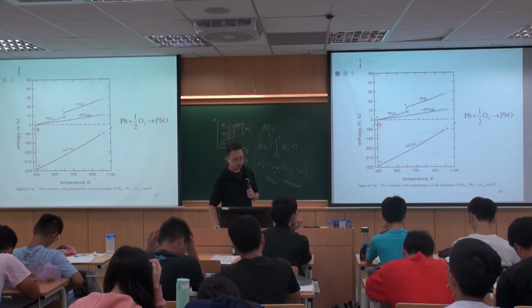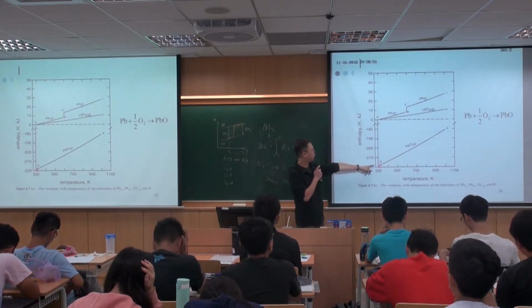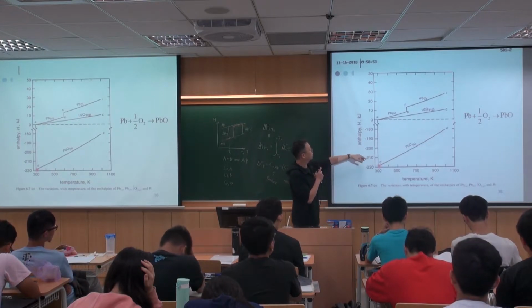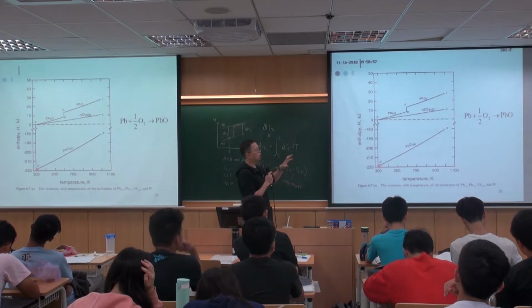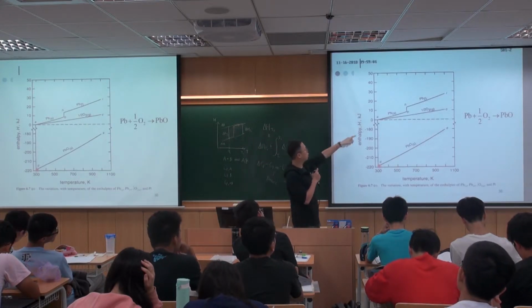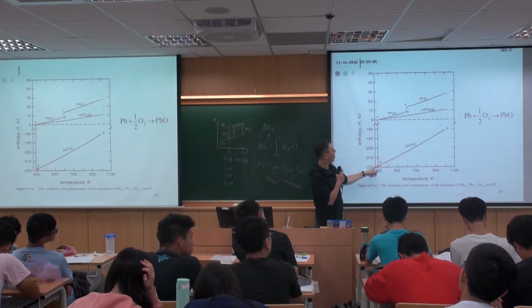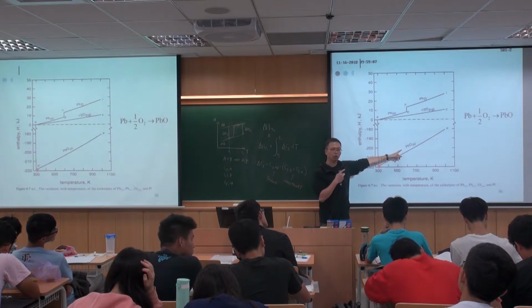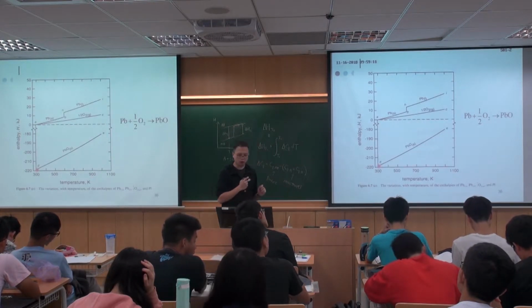So the reason why we start plotting lead oxide from this point is because we know that for this reaction, it is an exothermic process. So it will release heat, and therefore delta H is negative. So we'll start from here. And then lead oxide has its own Cp, so it will have this slope going upwards.